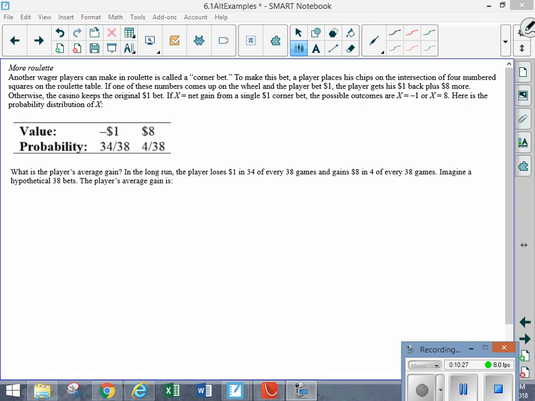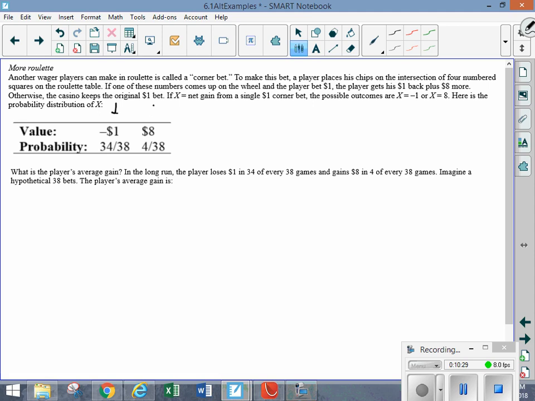So here are our values of x, and then our probability that that value occurs. They want to know, in the long run, it turns out that a player loses $1, 34 out of 38 times, right? And 4 out of 38 times they win.